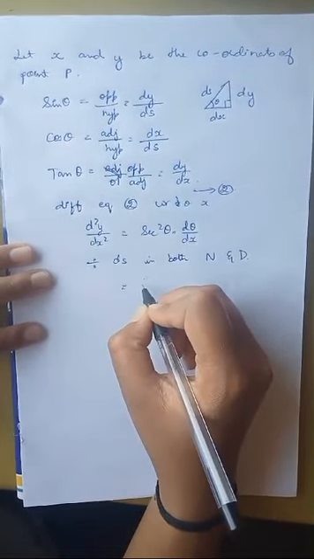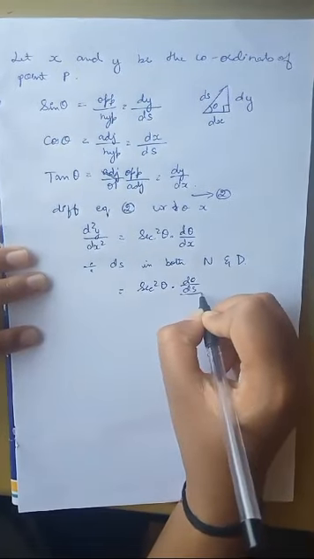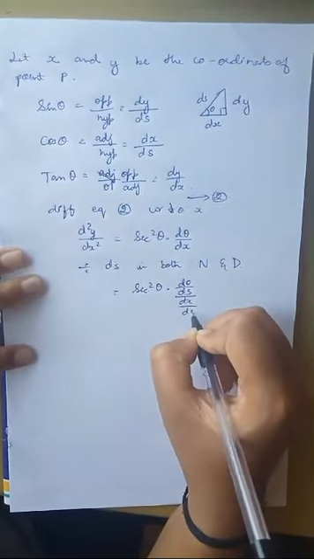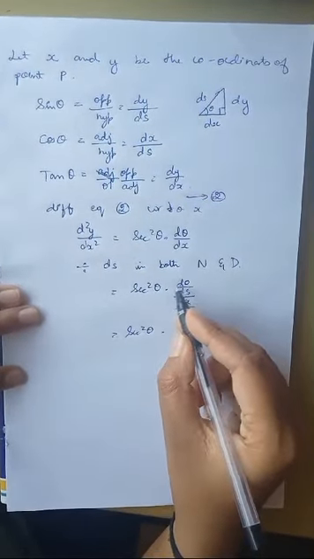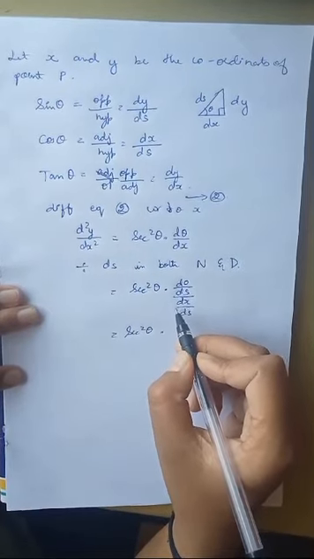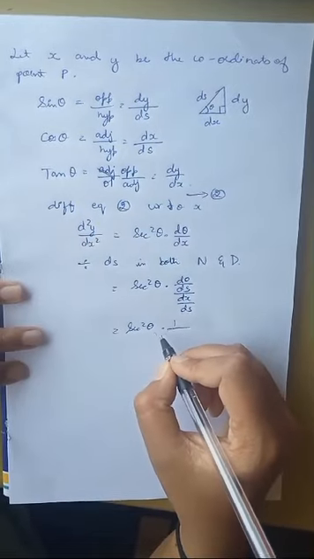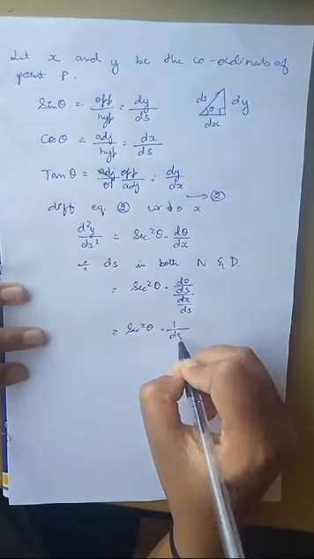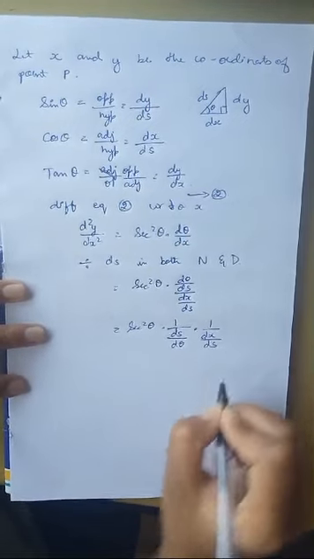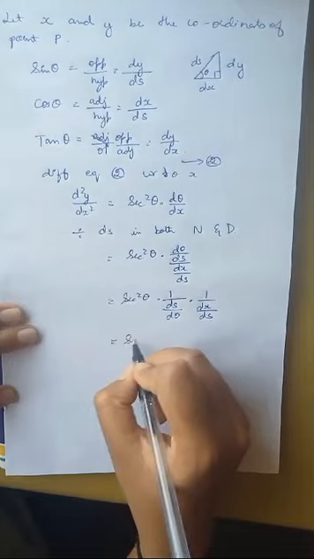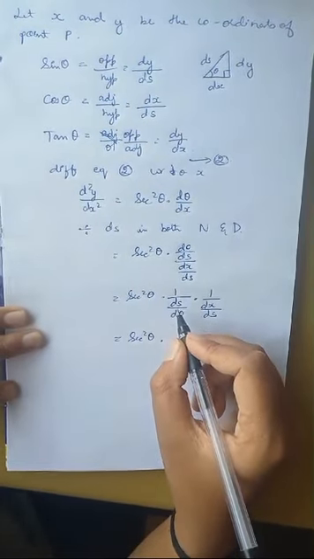The equation becomes secant square theta into d theta by ds, divided by dx by ds. Now secant square theta into, let us take this d theta and this ds to the denominator, then the equation becomes secant square theta into 1 by ds by d theta, into 1 by dx by ds.